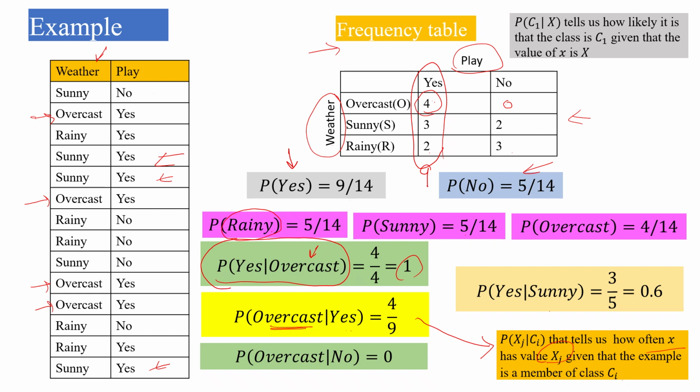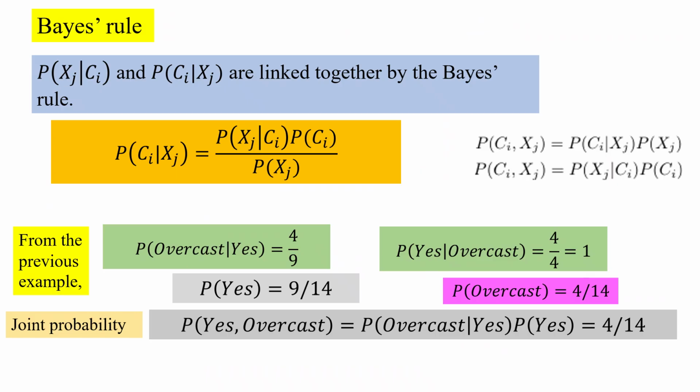Okay, so we move on now. Now the Bayes rule. The probability of xj given the class, or the class ci given the feature value xj, are linked by the Bayes rule in this manner.